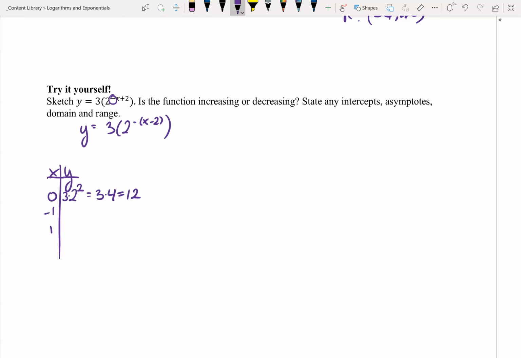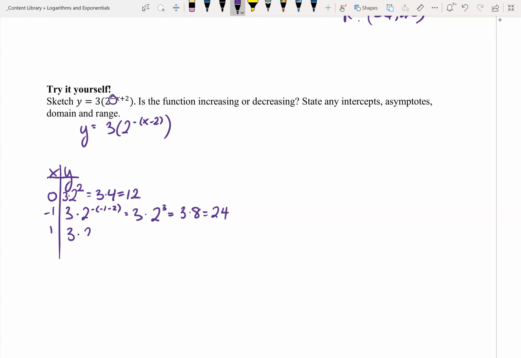Next, I'm going to plug in negative 1. Which would be negative 3 times negative 1, which is positive 3. That's 3 times 8, which is 24.